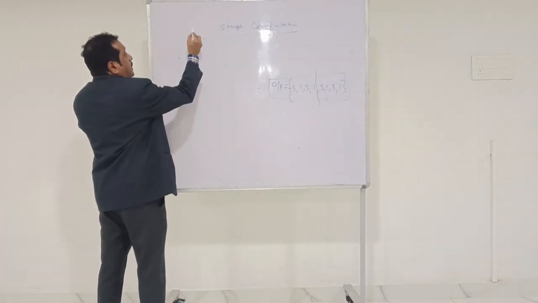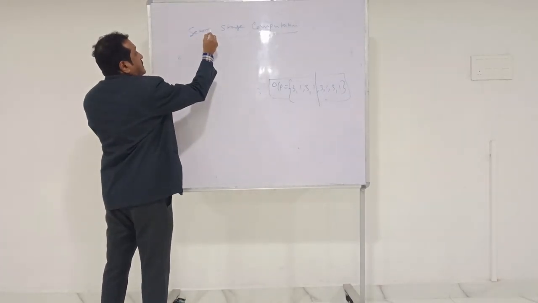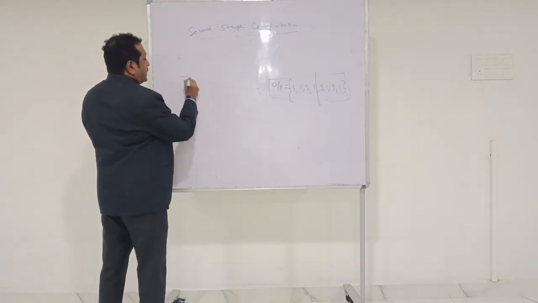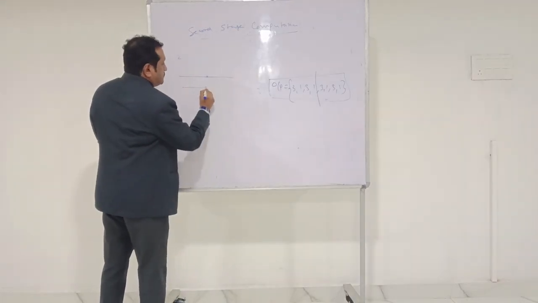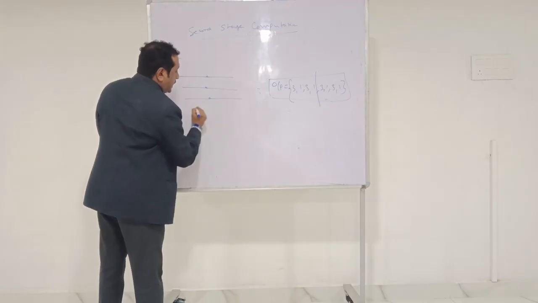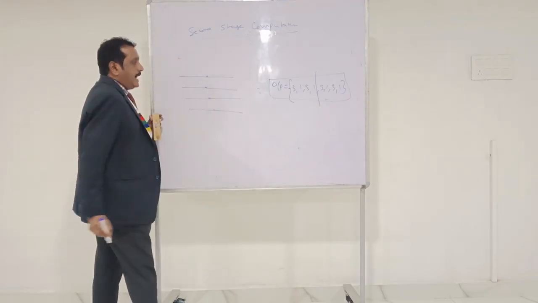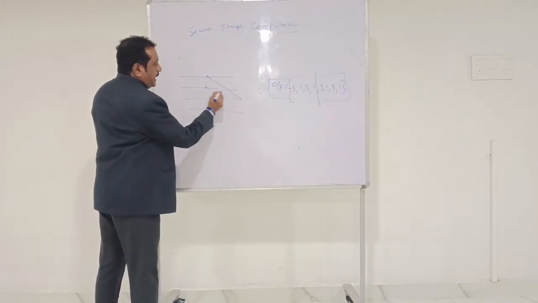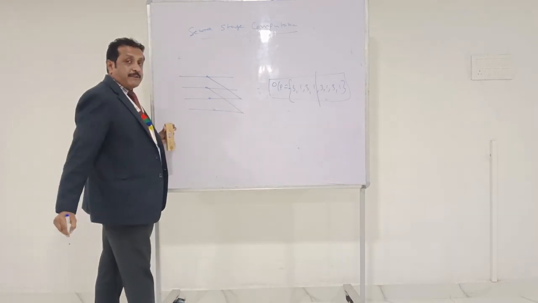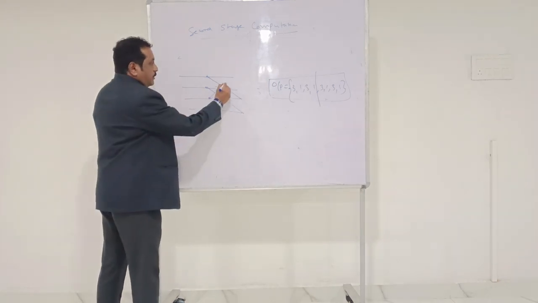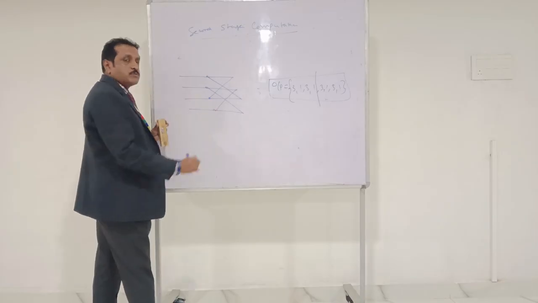Now the first stage is over, and now we go for the second stage. In the second stage, we can draw one 4-point graph with 4 lines. The first line to the third line we can connect to form the butterflies, and the third line to the first, the reverse process, fourth to second.